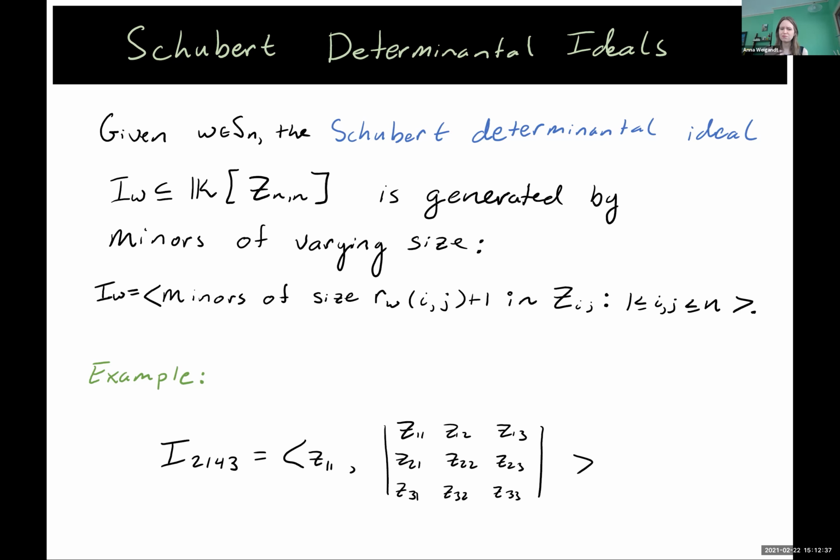And so you can write them down with fewer minors, but still potentially a lot of minors. But here's just an example, the ideal for 2, 1, 4, 3, say in a 4 by 4 matrix space. It's just generated by this single variable and this 3x3 minor. But these things can get a lot more complicated, but morally they're generalizing these determinantal ideals.